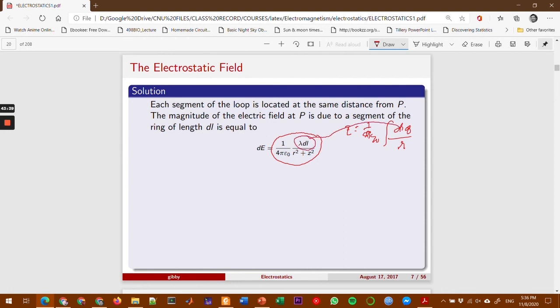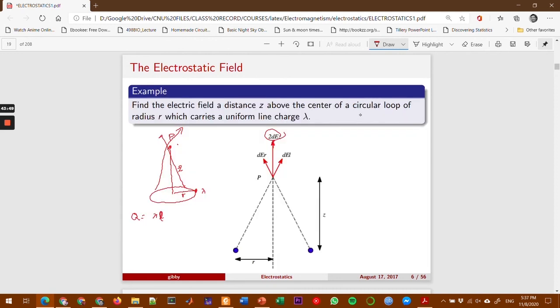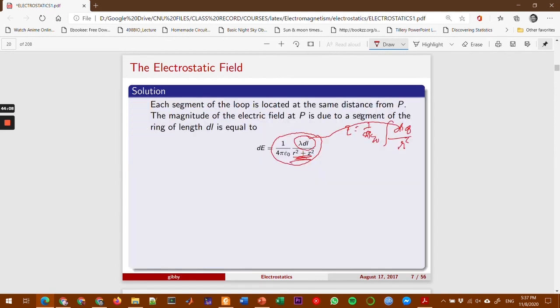R is this distance. So that's R, this is Z. Therefore R is the square root of R squared plus Z squared, so R squared is just r squared plus z squared.